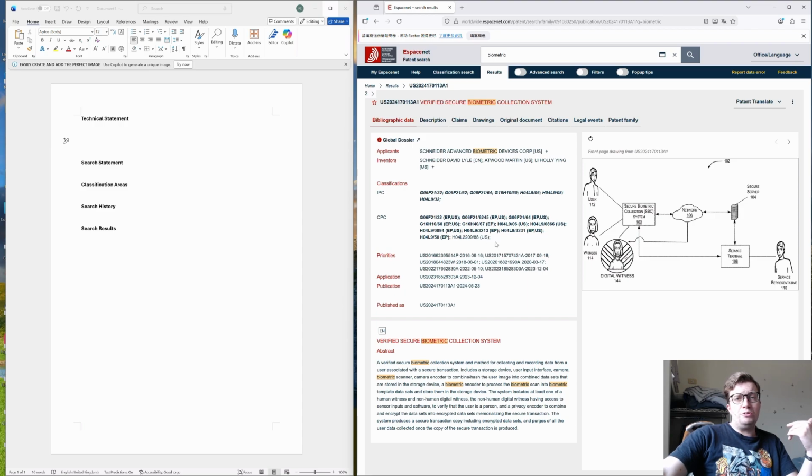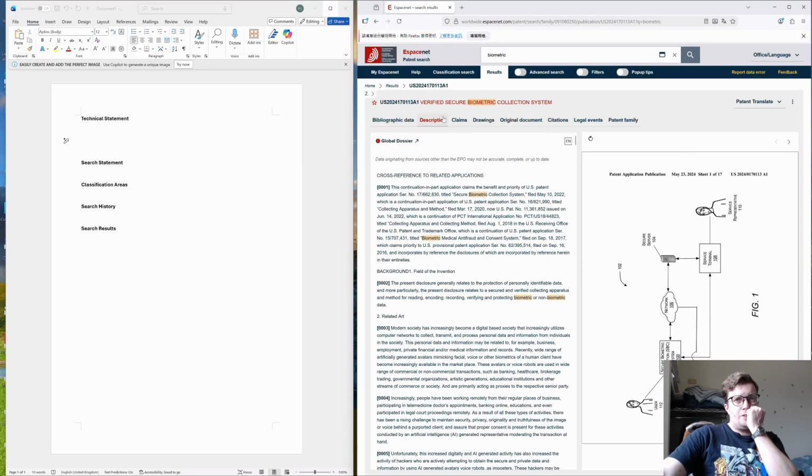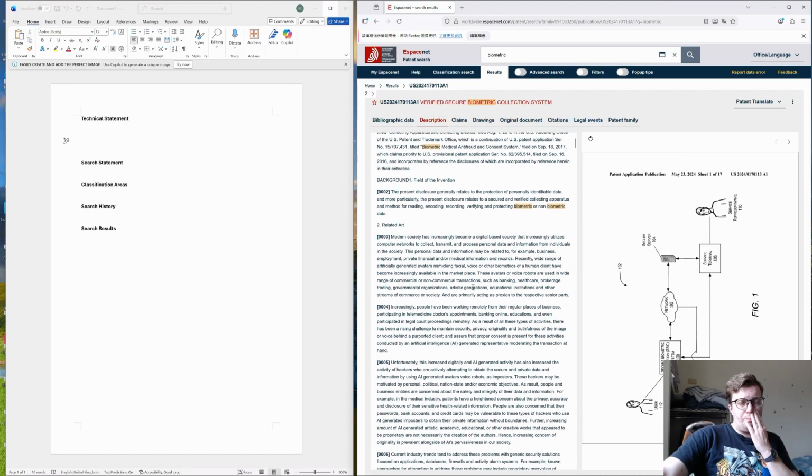So if I was doing this blind, I would be thinking about where would I actually classify this. So to classify it is sort of similar to searching it because you have to look at what the invention actually is. So we're going to just look at this. It's talking about protecting information. They talk about artificially generated avatars that can mimic facial, voice, other biometrics.